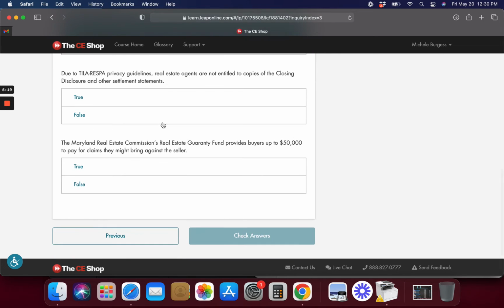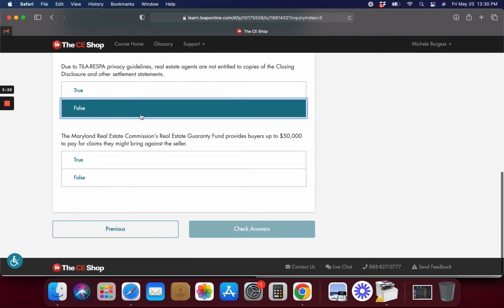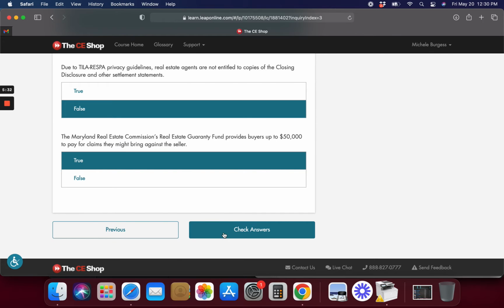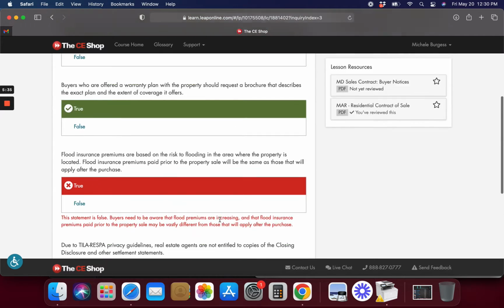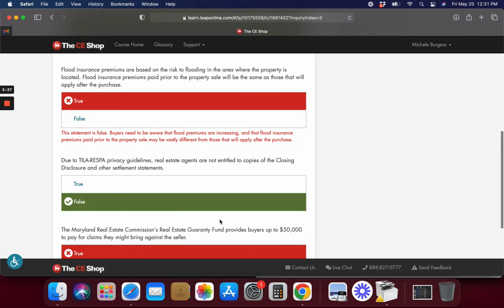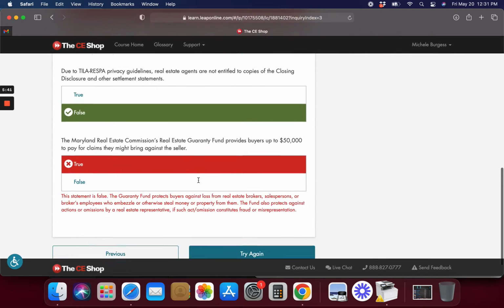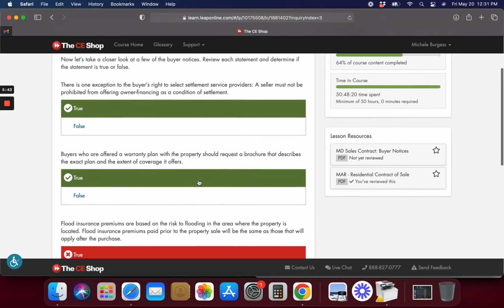Due to TILA RESPA privacy guidelines, real estate agents are not entitled to copies of the closing disclosure. The Maryland State Real Estate Commission Guarantee Fund provides buyers up to $50,000 to pay against claims they might bring against the seller. That's false. All right, so flood insurance is false, and this is false. Okay. Almost all of these are false.